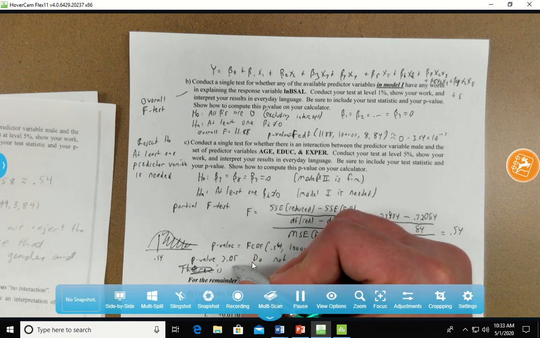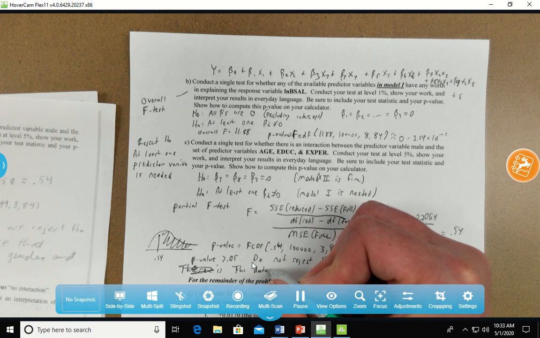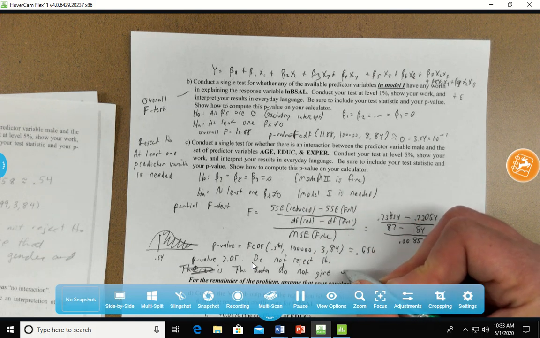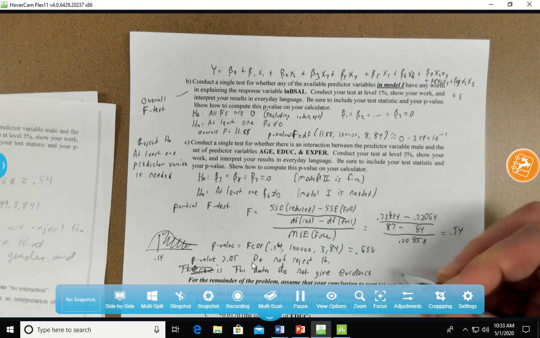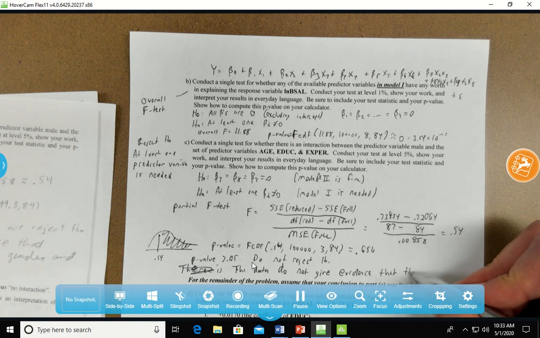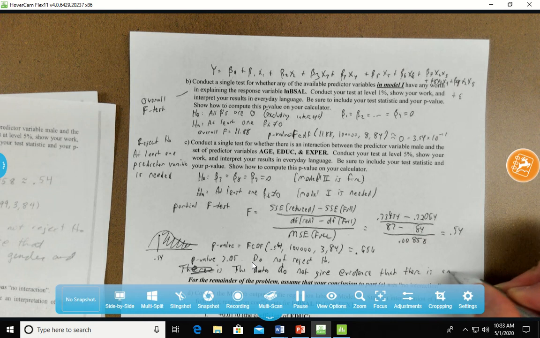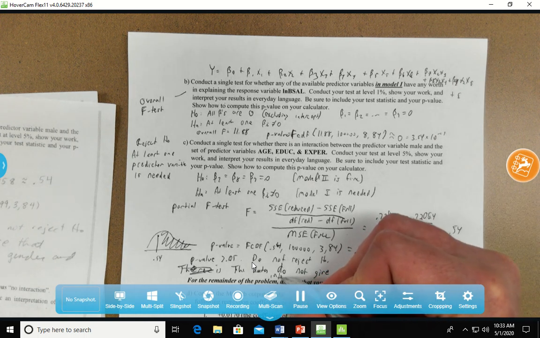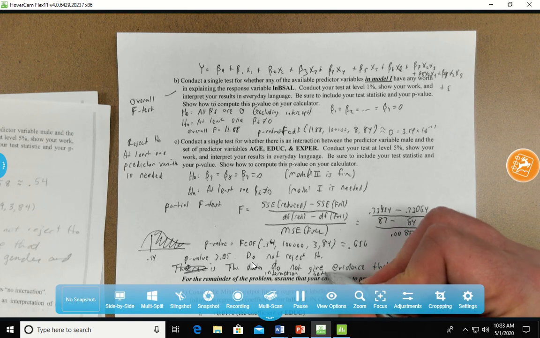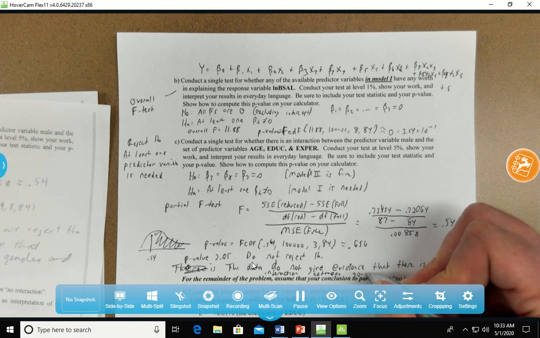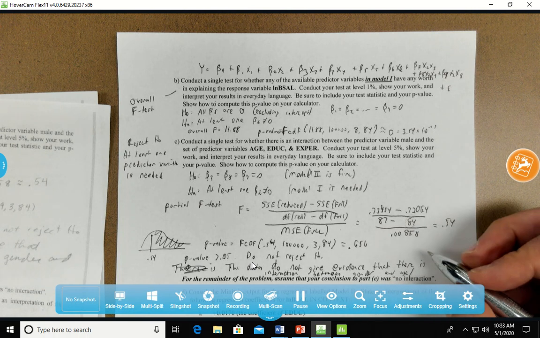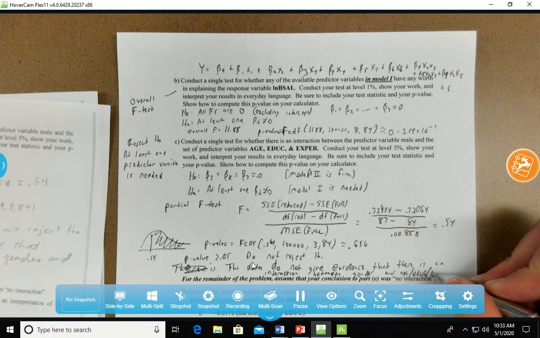The data do not give evidence, because remember, this is a sample and the data could have been different, that there is an interaction between gender and age, education, experience.